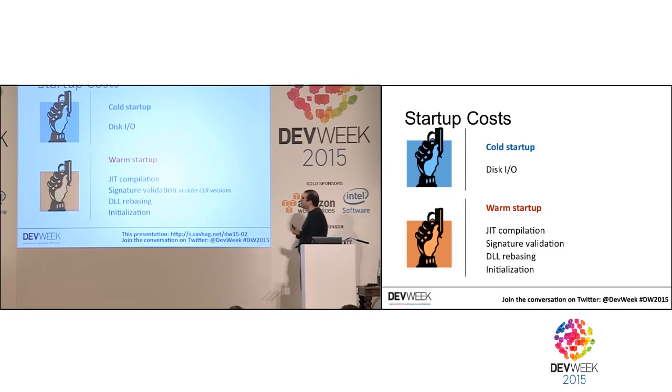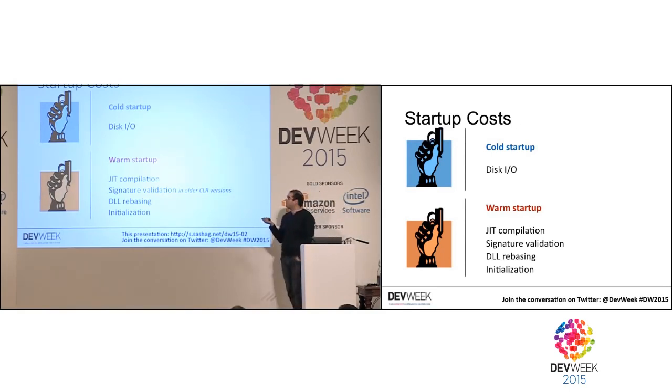So warm startup is usually dominated by just-in-time compilation. You launch your application, and the code has to be compiled. I'll remind you later that .NET code is compiled in two stages, and part of the compilation has to happen at runtime, so that's part of the startup phase. For older versions of the CLR, there's also signature validation if you have strong named assemblies. This is not performed anymore for full trust, so for most of you it shouldn't be relevant, but there used to be a pretty expensive signature verification step during startup.